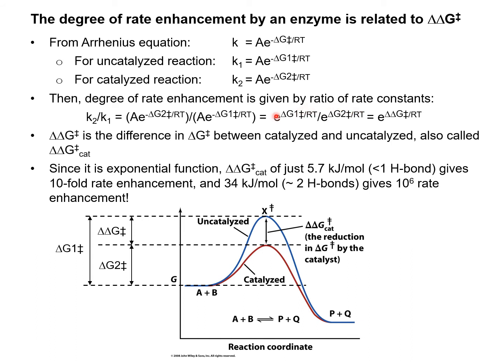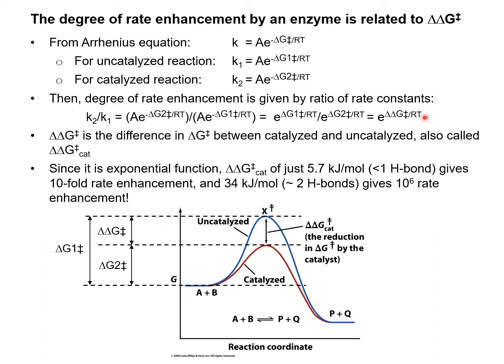So we end up getting e to the delta G1 double dagger minus delta G2 double dagger, which are together divided by RT. And this difference between the delta G1 double dagger and the delta G2 double dagger would be delta G double dagger. Again, the difference in free energy of activation between catalyzed and uncatalyzed reaction.